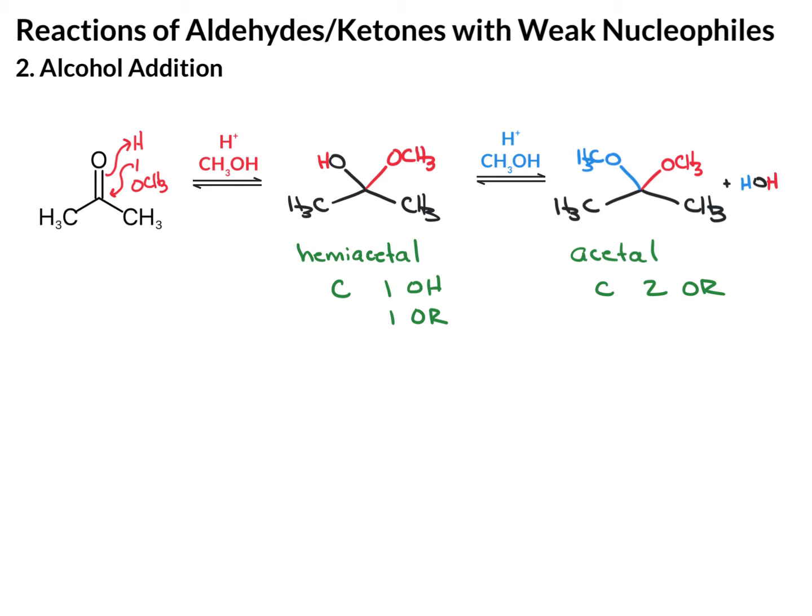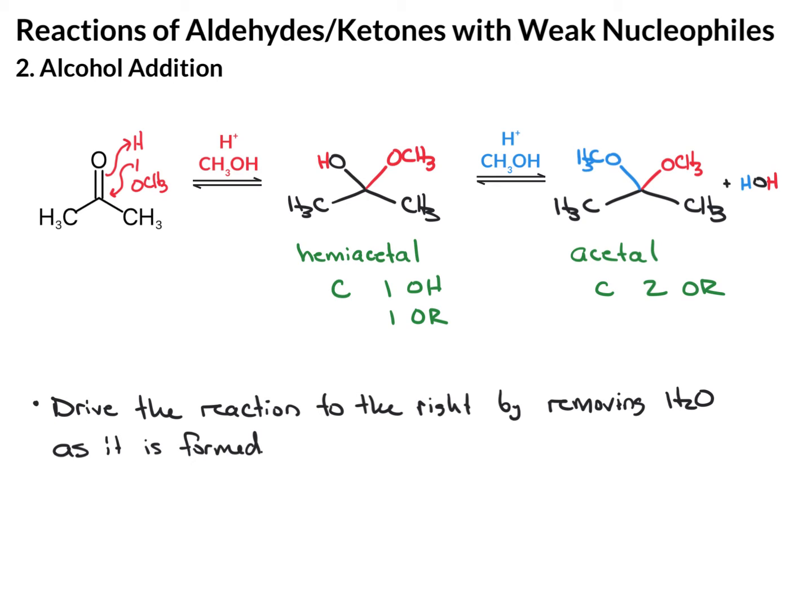This whole process is an equilibrium process to convert an aldehyde or ketone to an acetal. But water is a product that's released in the reaction. So a common way to drive this reaction to the right is by removing water as it's formed. Think back to general chemistry when you talked about Le Chatelier's principle and disturbing an equilibrium.